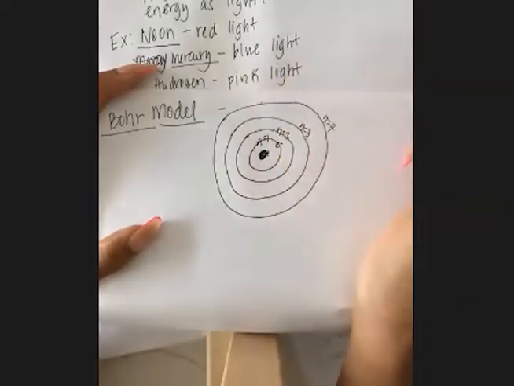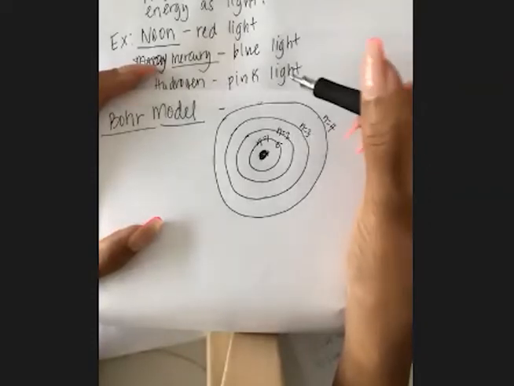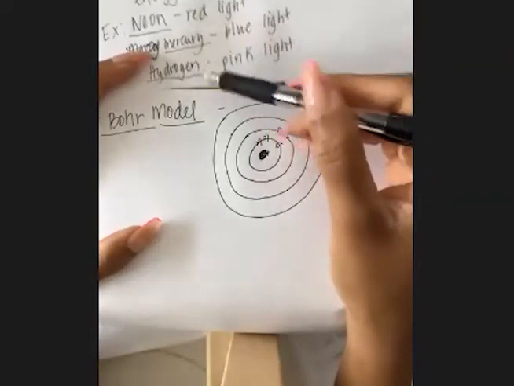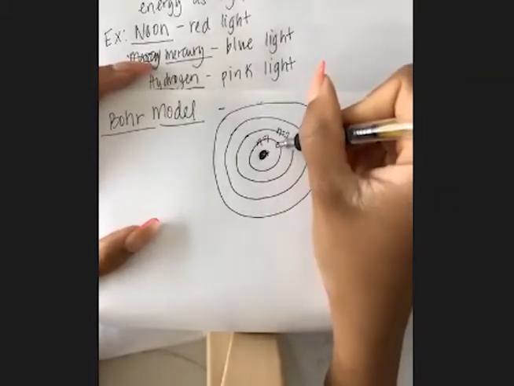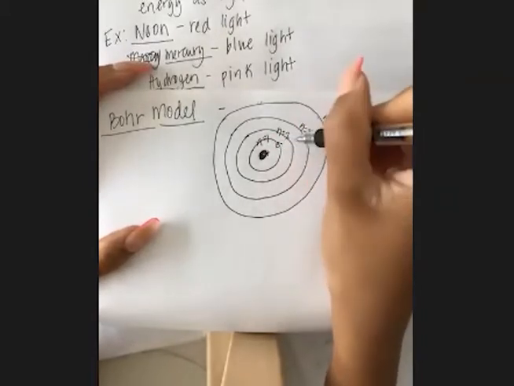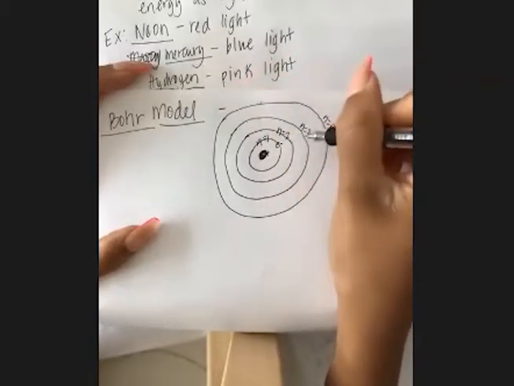But he said what happens is when an electrical current, say for instance, runs through neon or mercury or hydrogen, one of these lamps, the electrons jump from one orbit to the next, and they can't go in between, but they go from one orbit to the next.